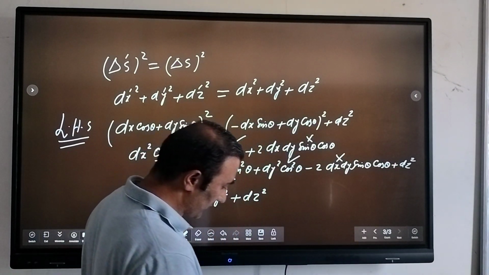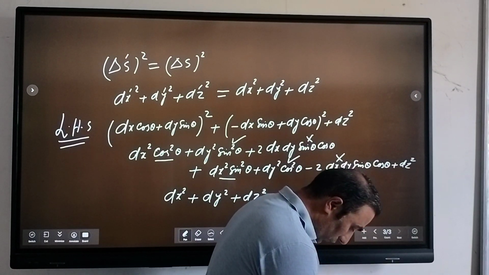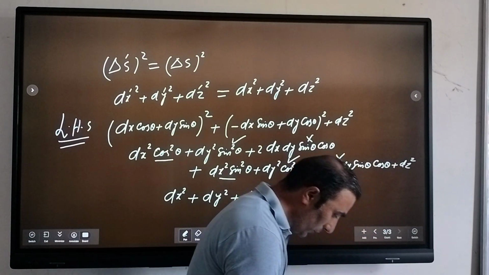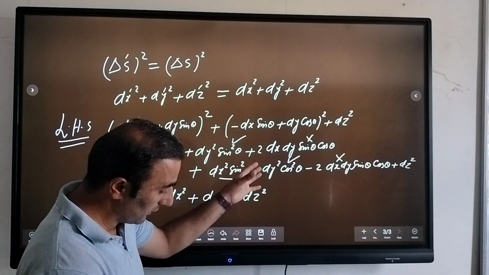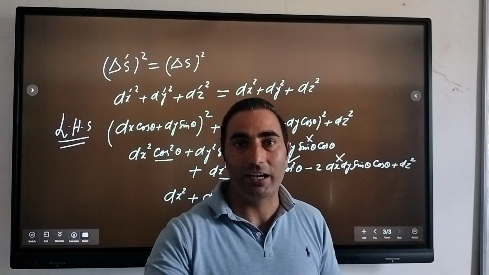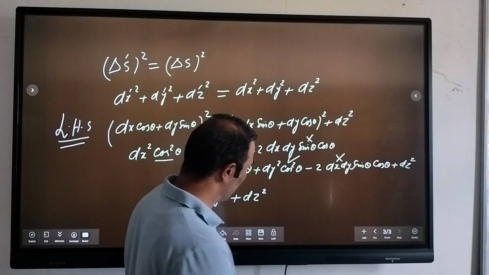So let us discuss now. If we calculate this finite length from point A to B, I can also calculate it by integrating that path, right?